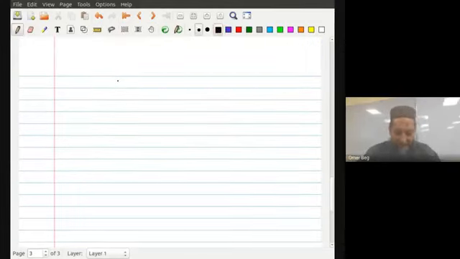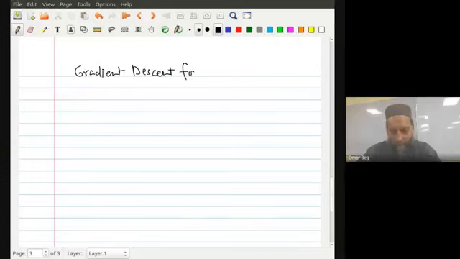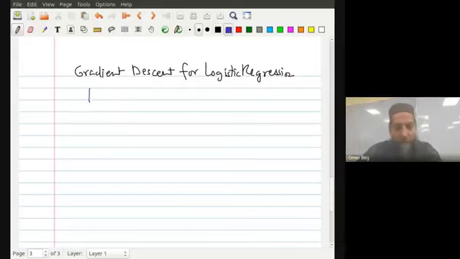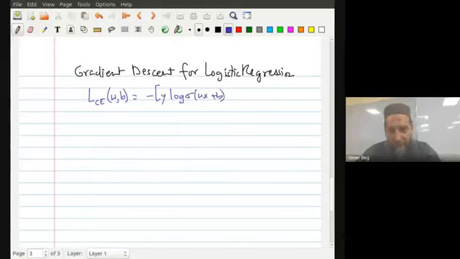So how would we apply gradient descent for logistic regression? If you recall, our loss function in logistic regression, the cross entropy loss, given the weight vector w and the bias b, was equal to minus y log of sigmoid of wx plus b, plus 1 minus y log of, sorry, no, I did this wrong.